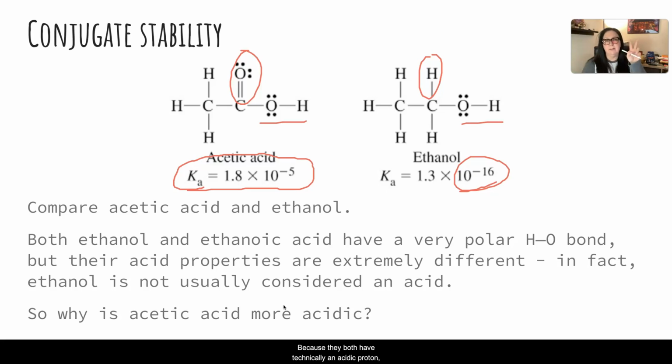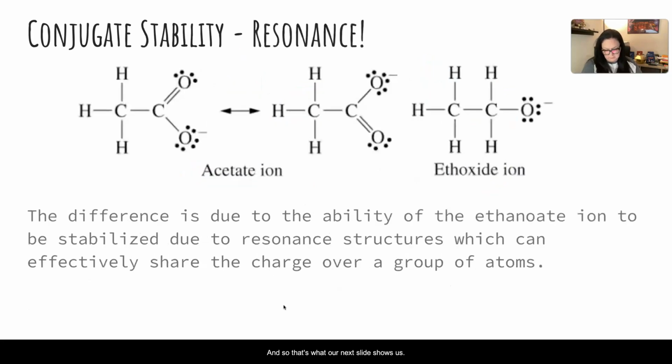They both technically have an acidic proton, because each has a proton attached to an electronegative atom like oxygen. So check, no problem. But the second part is the stability of the conjugate. When it ditches those acidic protons, what's it going to look like? That's what our next slide shows us. Okay, so this is acetate.